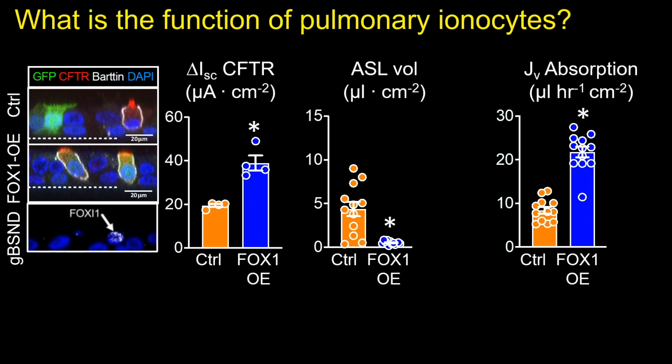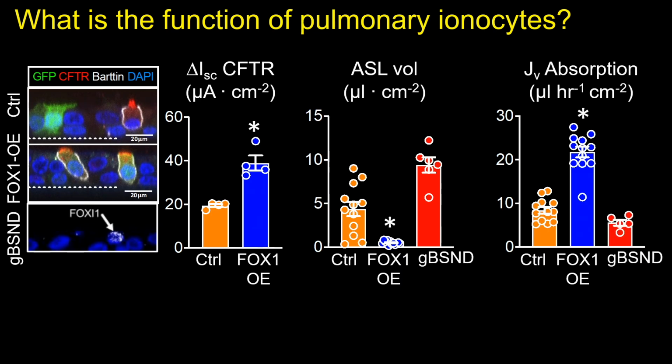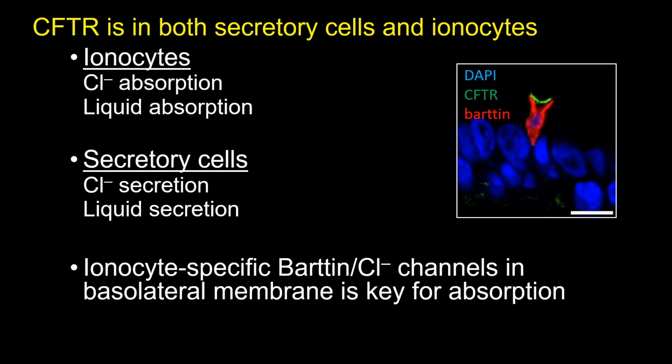He did the converse, essentially knocking out ionocytes by targeting BSND, which encodes the Barttin subunit of the chloride channel, and he found the opposite. When you decrease the functional capacity of these ionocytes, you see increased airway surface liquid volume and decreased absorptive rates. So these data are consistent with pulmonary ionocytes mediating liquid absorption.